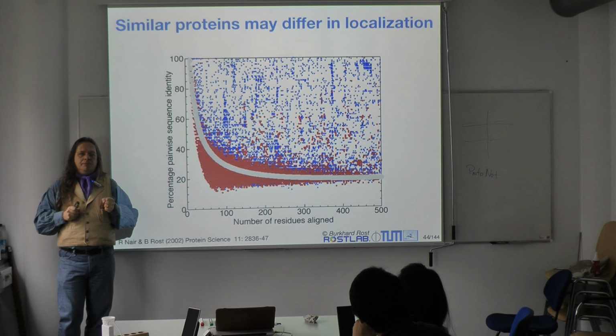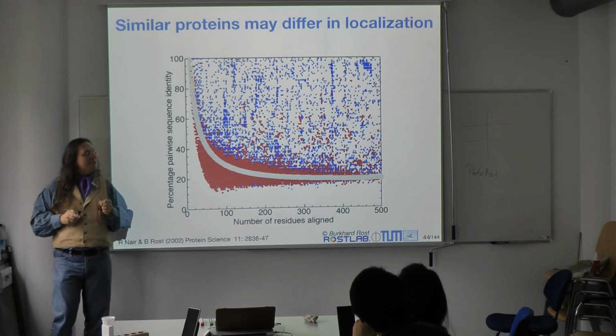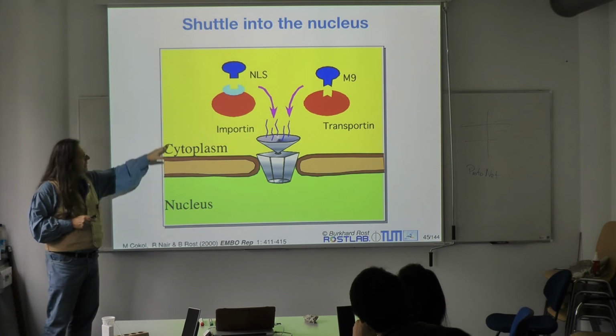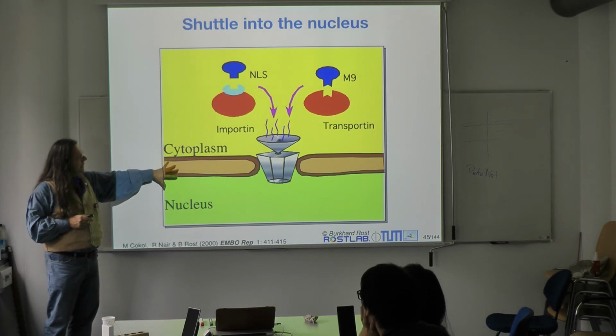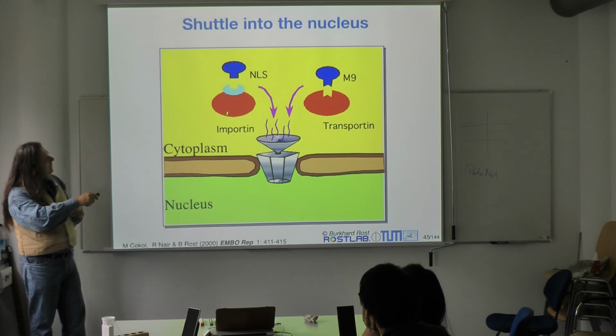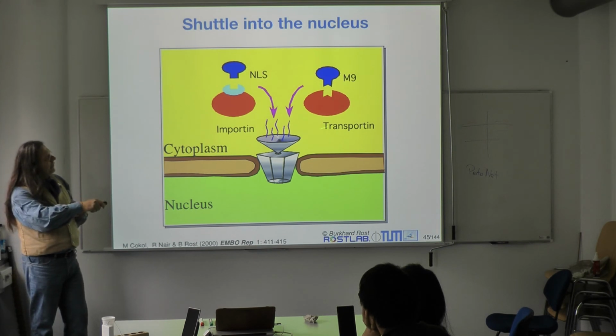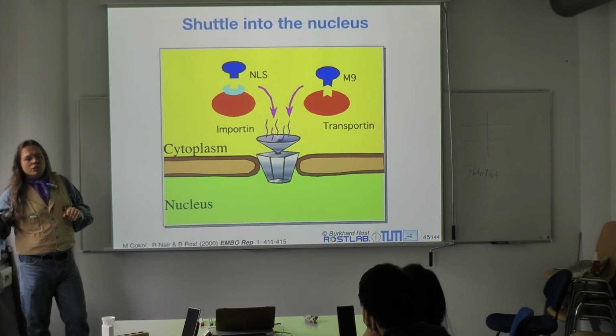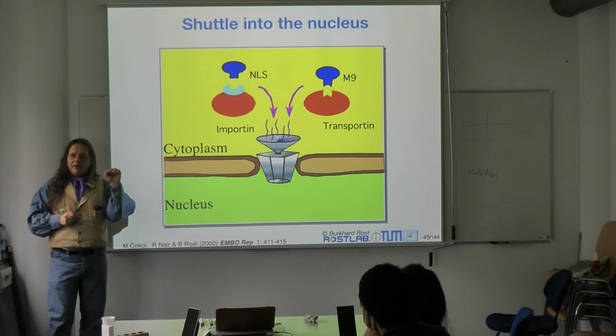How can we picture that? One way to picture that is the following idea. That's the nucleus, that's the cytoplasm, that's the two-folded membrane. There are proteins here in red. One is called importin and transportin, names are not important, that recognize an NLS, a nuclear localization signal, which is a very local thing.